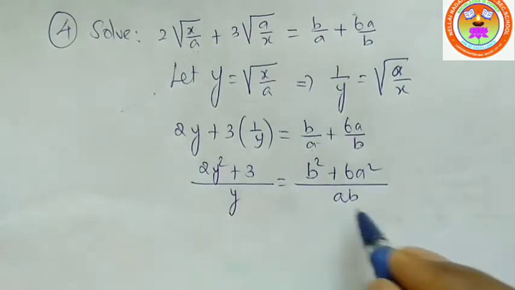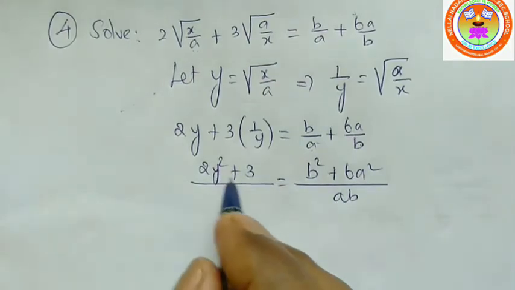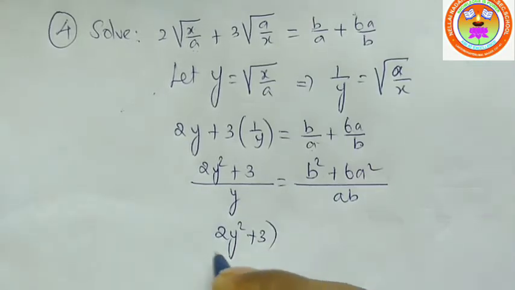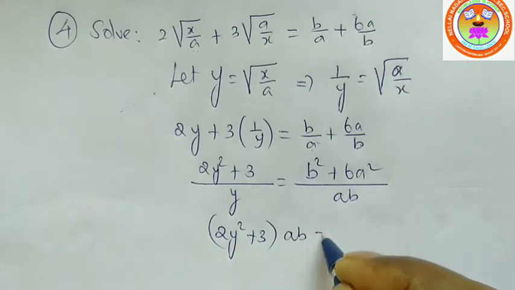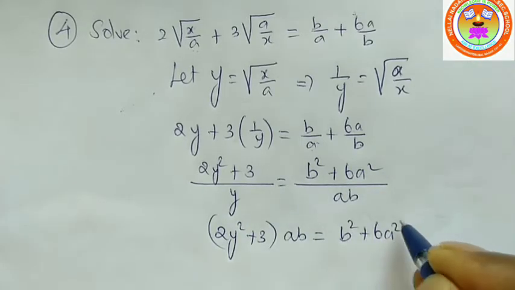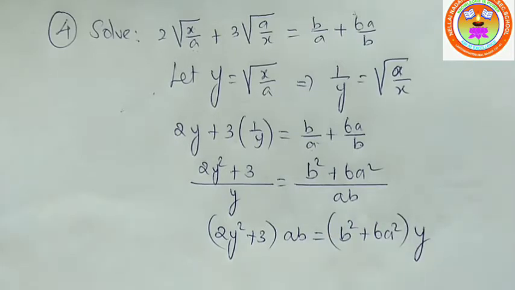Now cross multiply the two terms. When we cross multiply, we get (2y square plus 3) into ab, which is equal to (b square plus 6a square) into y.